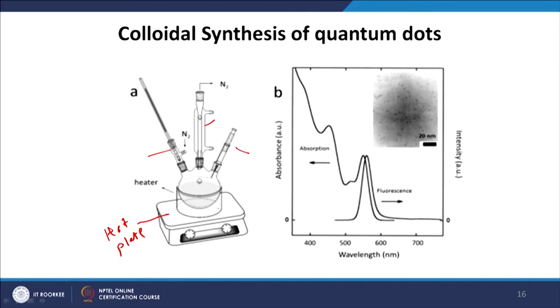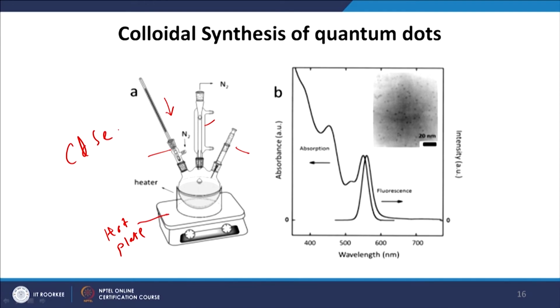Now, what happens is we purge nitrogen gas from one of the necks or inlets, and the precursor molecule is injected from another inlet, and we also substantially heat the material. So, for example, let us say I have to make CdSe or cadmium selenide.